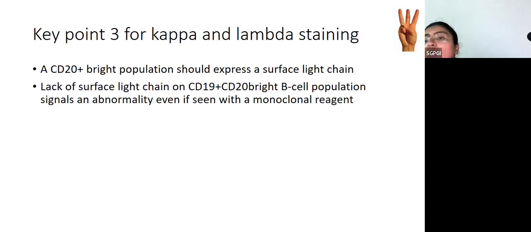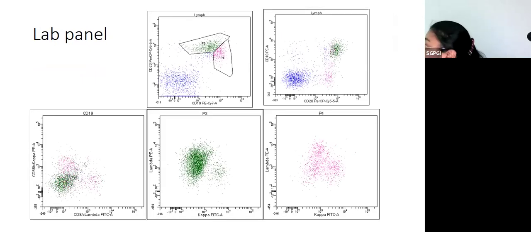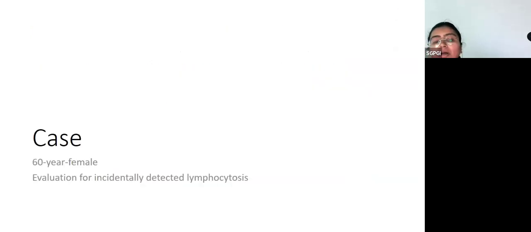So if you have lack of light chains on the 20 bright positive B cells, that also signals an abnormality, right? What I mean to say is that this plot on the left is an abnormality. This is an unexpected finding that you have in this case. So that is something again that we keep in mind for germinal center B-cell lymphomas.